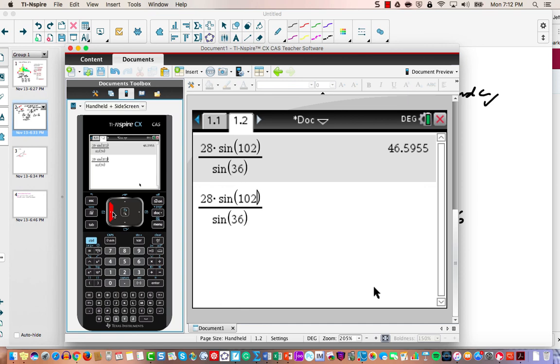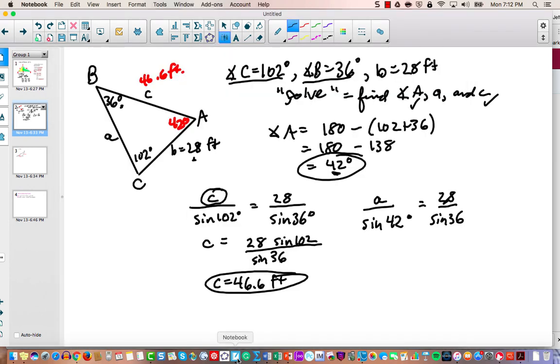As far as what I want is concerned, a is going to equal 28 times the sine of 42 over the sine of 36. I think you can see how that comes about from the little algebra that's there. So I'm going to edit the previous expression to be 28 sine 42 over sine 36.